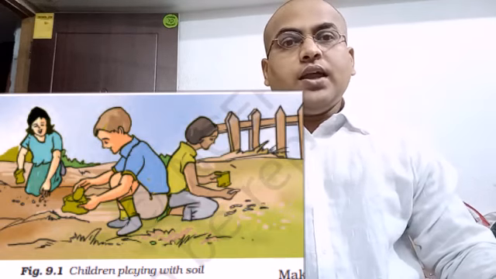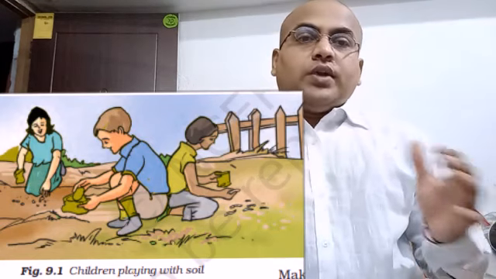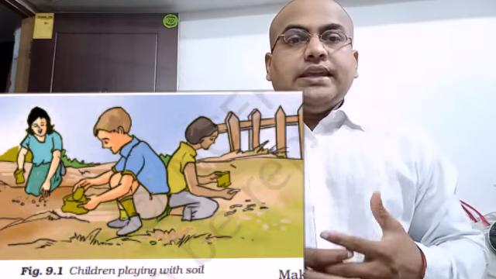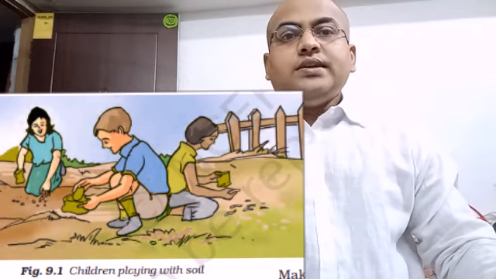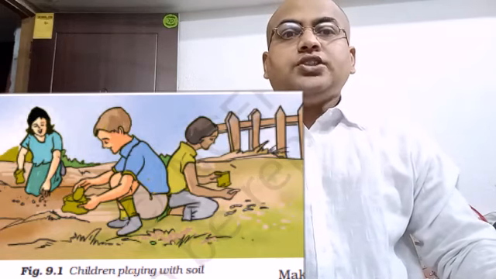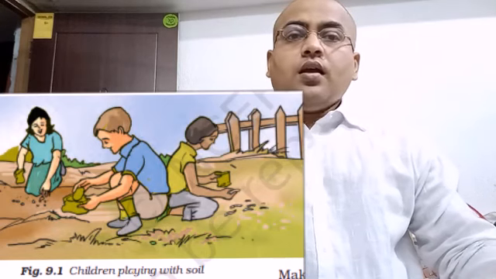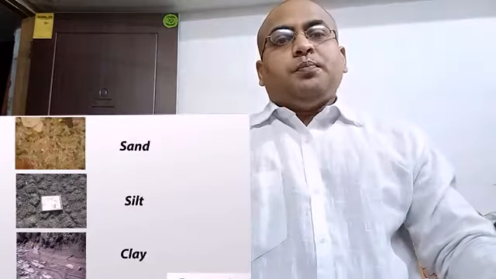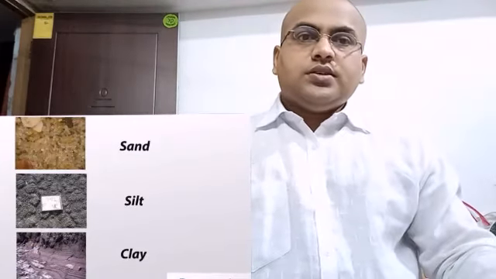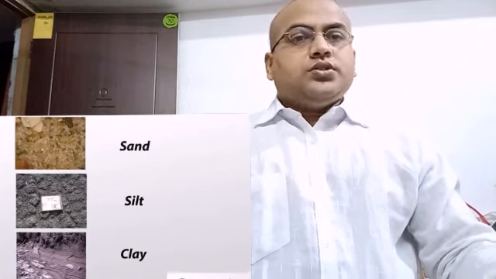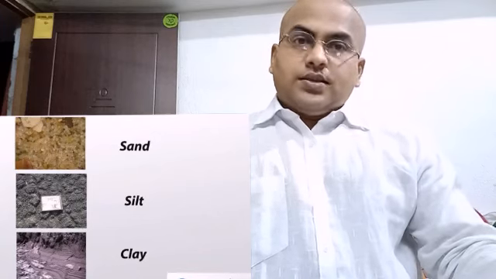Whatever soil we are taking, the type of rock it was formed from shows the nature of that rock. Depending upon the particles of the rocks or the soil, we classify the soil.